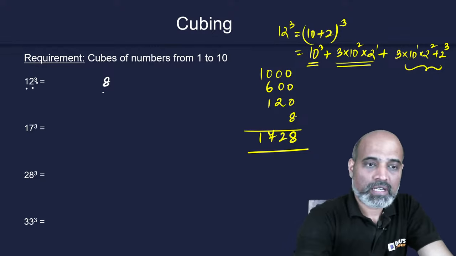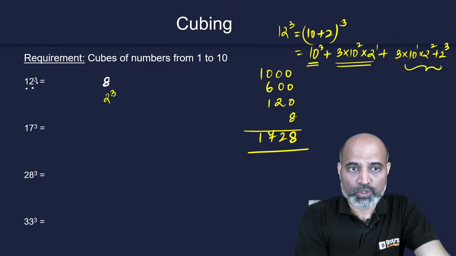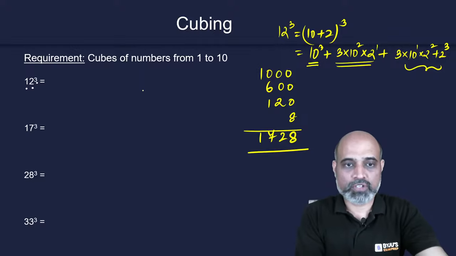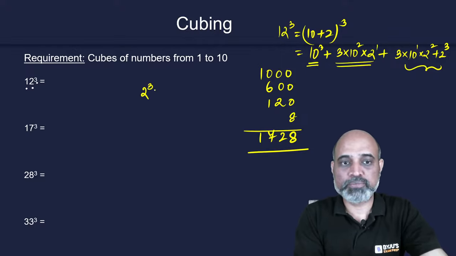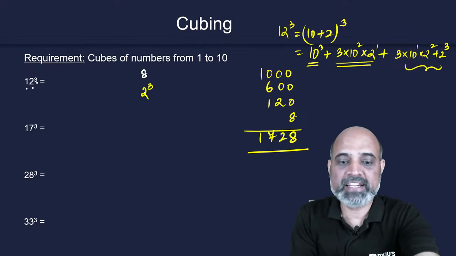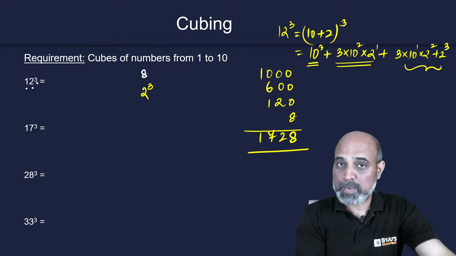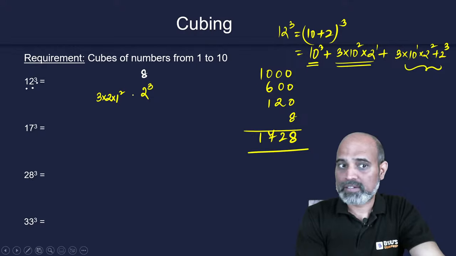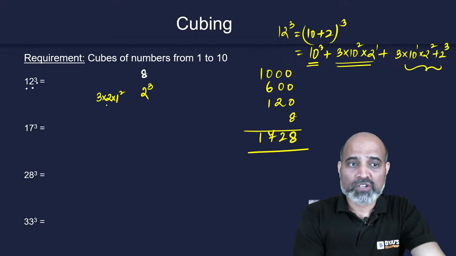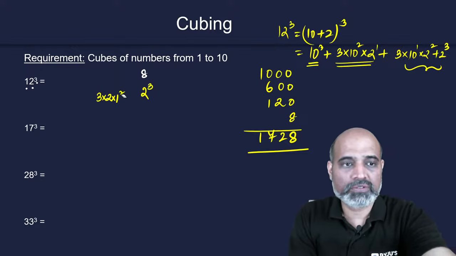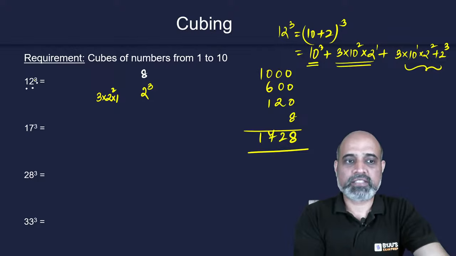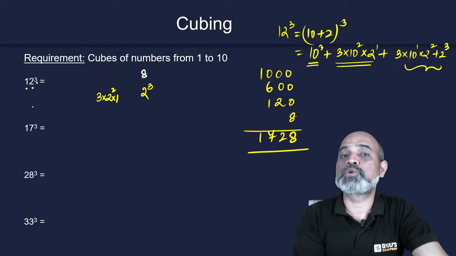Okay, so let me write it like this. This comes from 2 cube, let's keep it a little farther. So the last digit is going to come from 2 cube, which is going to result in 8. The next calculation will be 3 into units place square into tens place. Sorry, the square first. 3 into 2 square into 1.